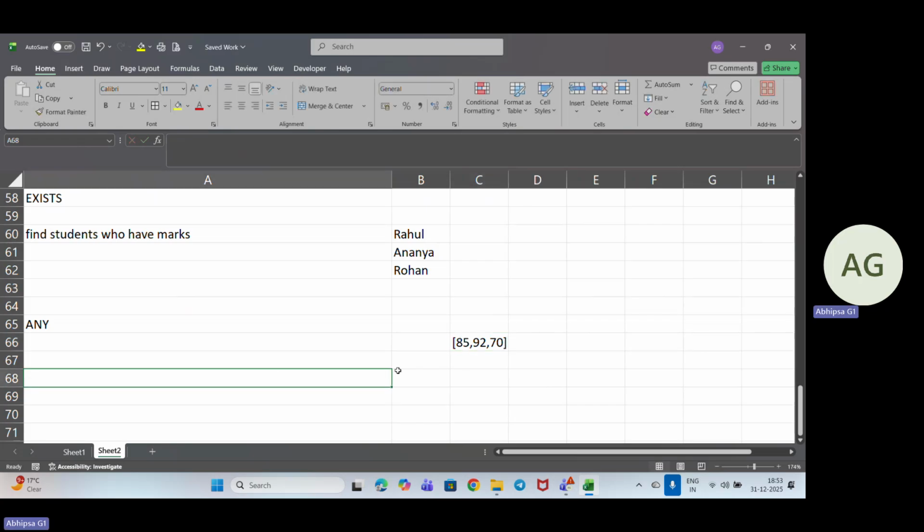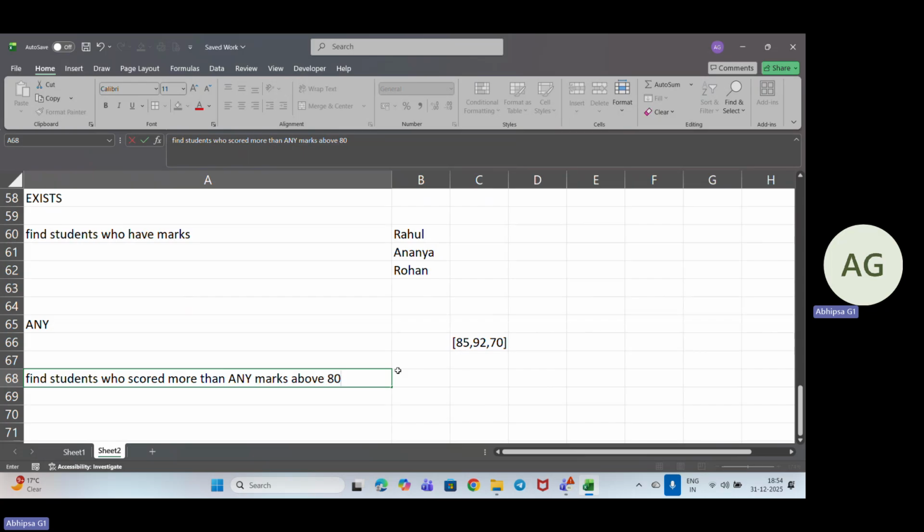Find students who scored more than any marks above 80. So in that case, what is the logic?